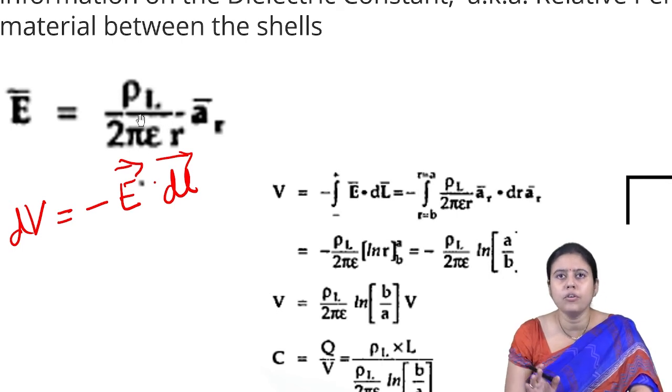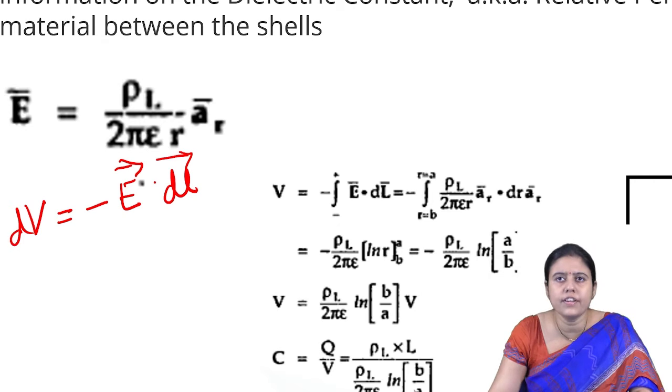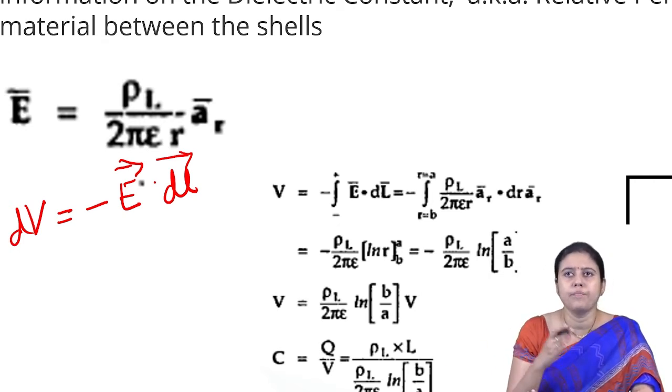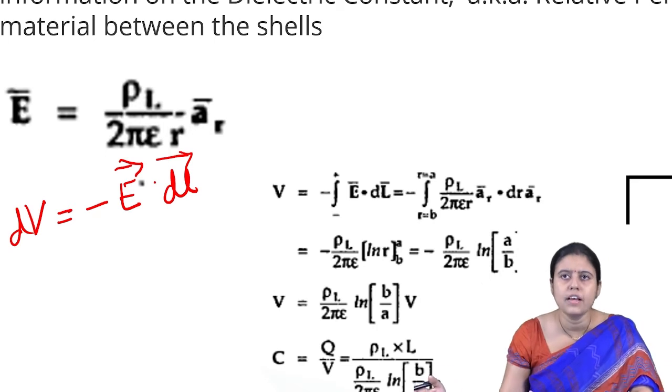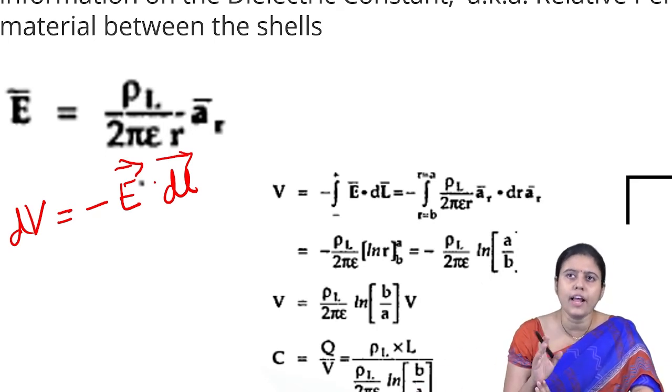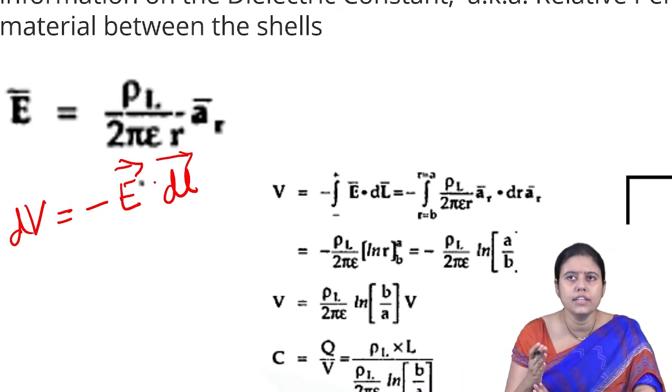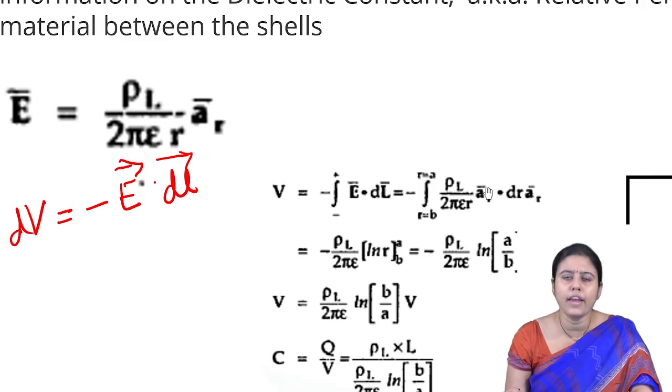The far point is the outer surface and the near point is the inner surface. So we integrate from r equals B to r equals A.